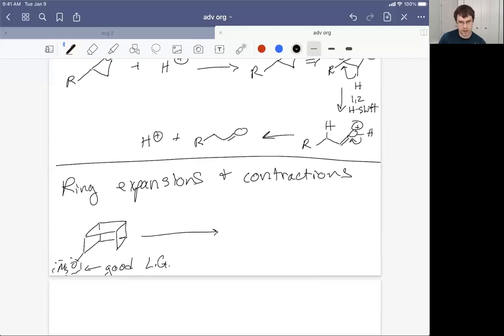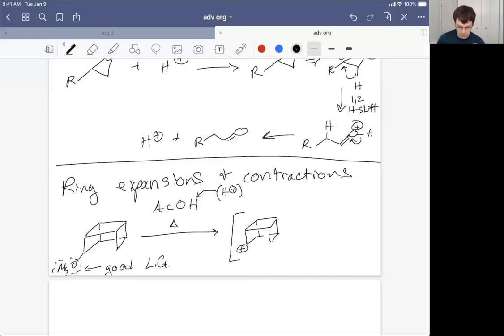Now, let's add to that some acetic acid and some heat. So acetic acid isn't a strong acid, but what we're doing is getting some H+ from this reaction, and that's going to give us a carbocation intermediate in an SN1-like mechanism where the carbocation is here.